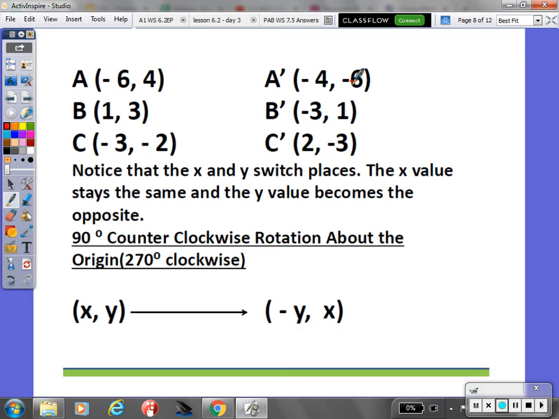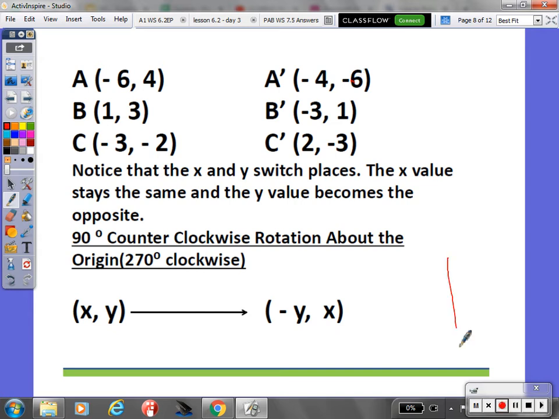So how do we remember those without actually memorizing those? Any 90 degree rotation, it doesn't matter what direction, X and Y flip-flop, always. Now here's where you have to think a little bit. In terms of which one gets the opposite, think about what quadrant it started in.